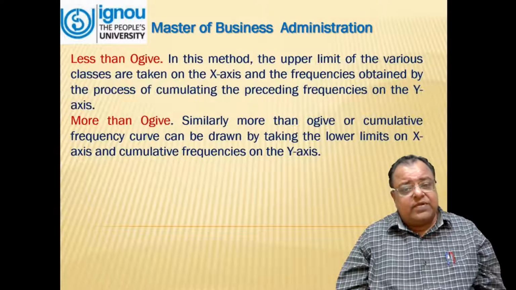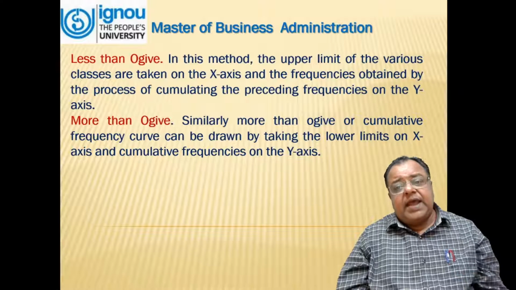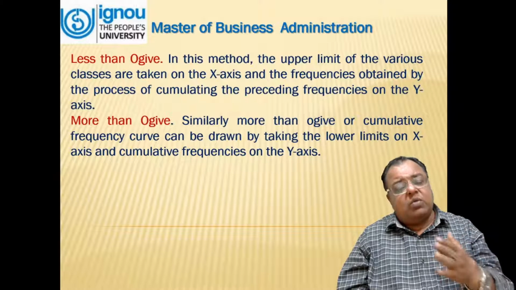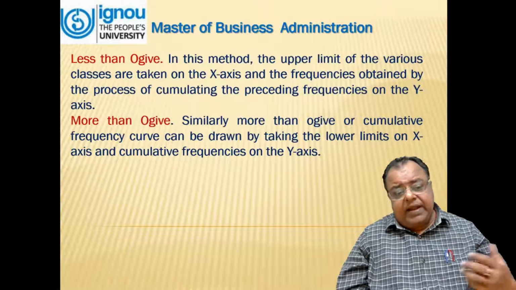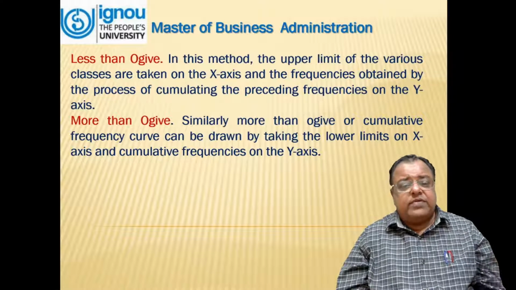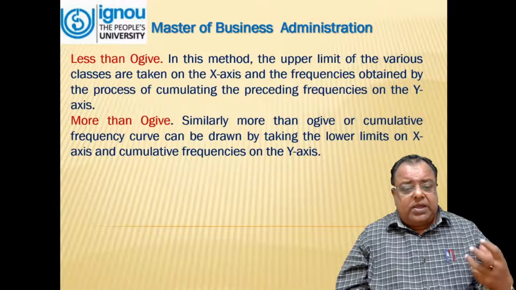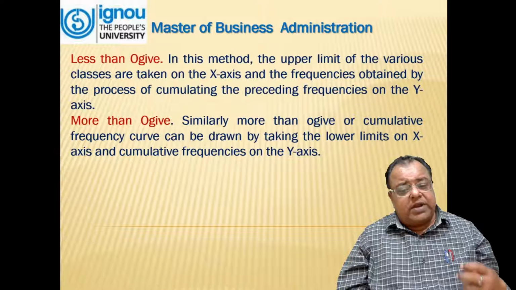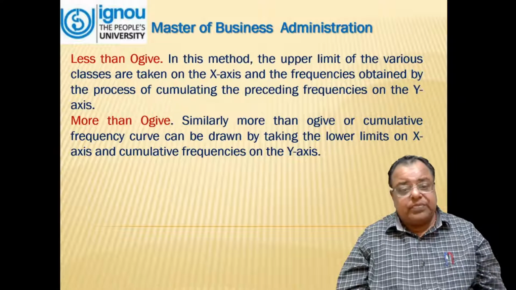Less than ogive: in this method, the upper limits of the various classes are taken on the x-axis and the frequency obtained by the process of cumulating the preceding frequencies on the y-axis. And in more than ogive, a cumulative frequency curve can be drawn by taking the lower limit on the x-axis and cumulative frequency on the y-axis.